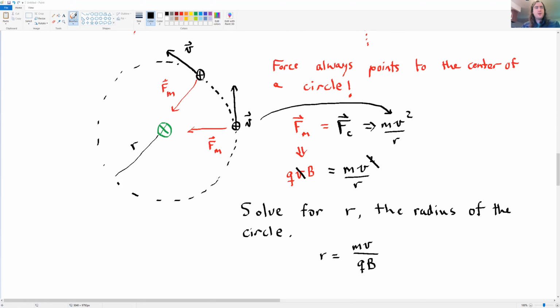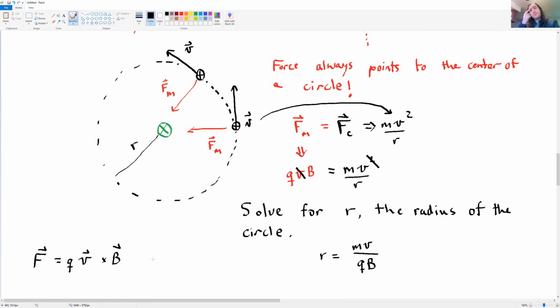But there's one important and kind of interesting thing that's going on here. And that's that, like we spelled out earlier, the force is always perpendicular to the velocity, because the force, the Lorentz force, is a cross product between the velocity and the magnetic field.